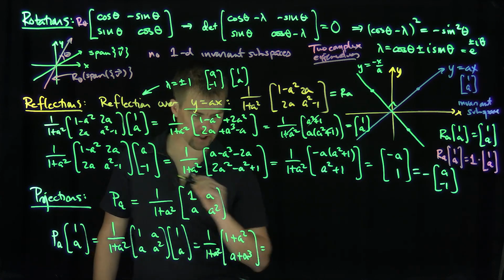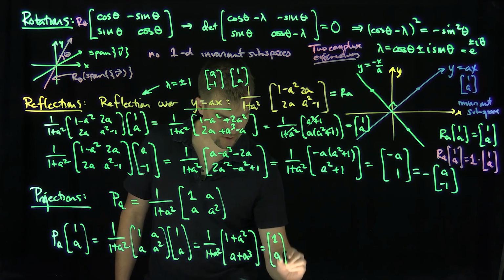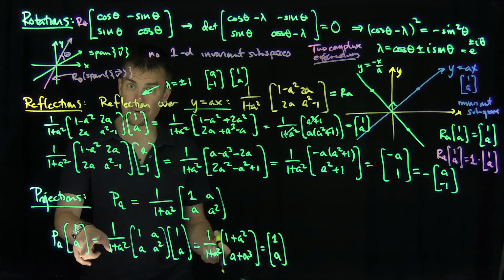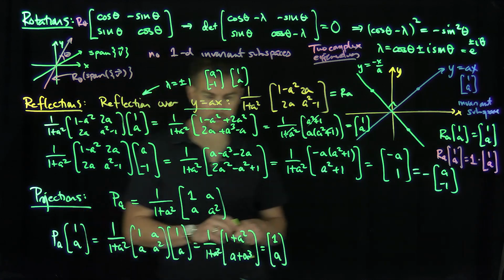Which we see is exactly just by canceling out one of the a's, this is the same thing as just 1a. So if you start on the axis of projection, you will remain on the axis of projection, okay?